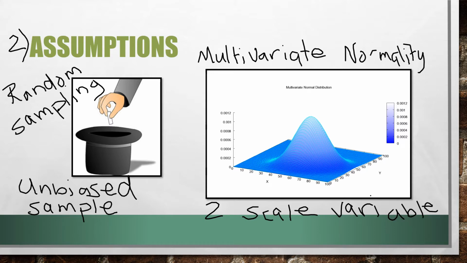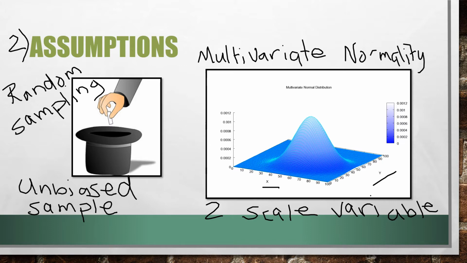So now we have to consider the normality of both. Then you actually have to consider the normality of them together. This is kind of a 3D plot because we're looking at x and y, and we want both to be normal together. You don't have to understand this all the way, I just want to go over it a little bit.